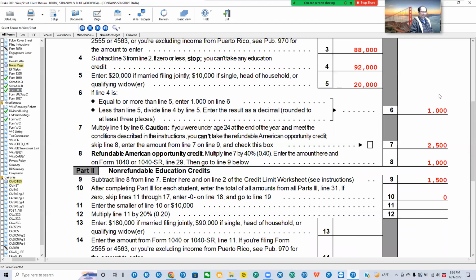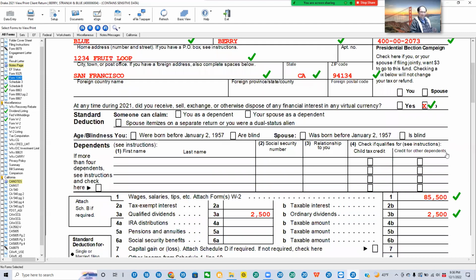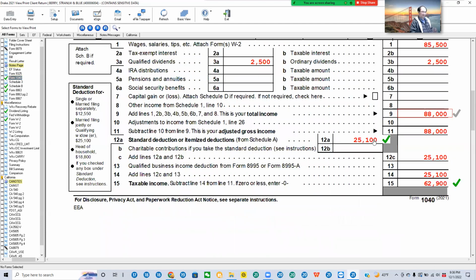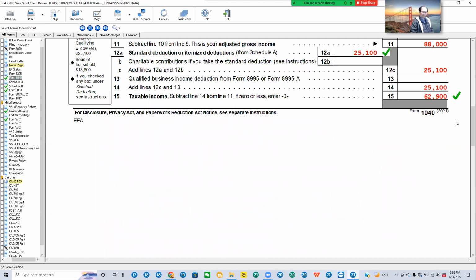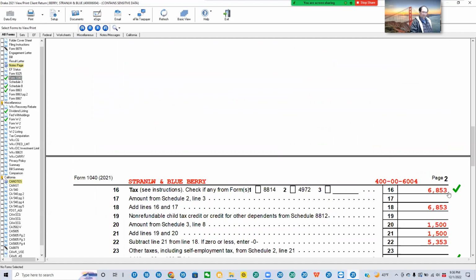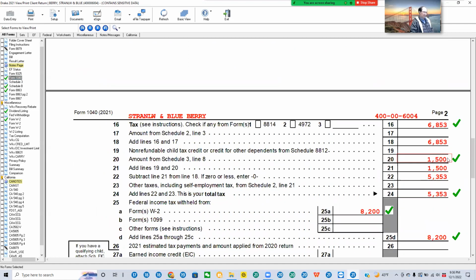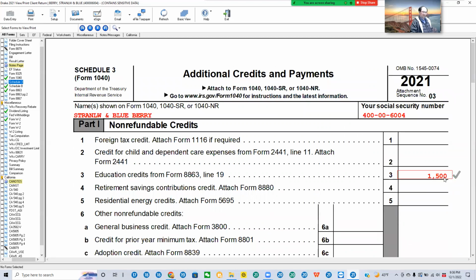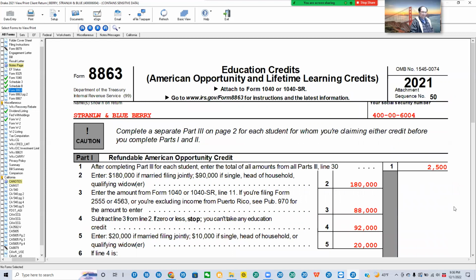Look right here. This is W2 income, dividend income, total, minus the standard deduction. This becomes taxable income. This is the regular income tax, minus this. From where? This actually comes from Schedule 3, which is the education credit. Education credit from here, right here.